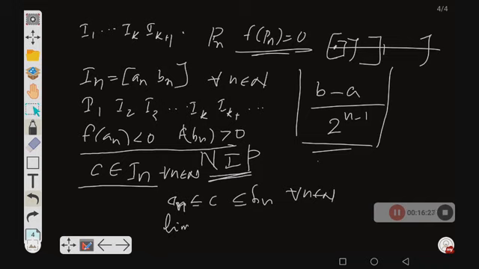Then the limit of bn minus an is equal to 0, which implies that the limit of an is equal to the limit of bn, and this is equal to c. So we have the sequences an and bn both with limit c.